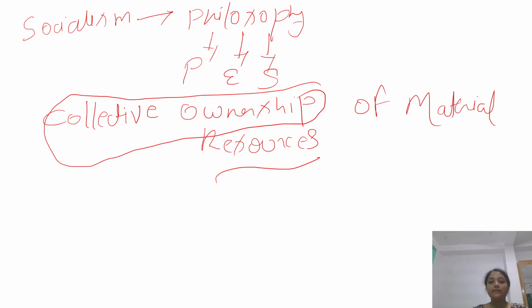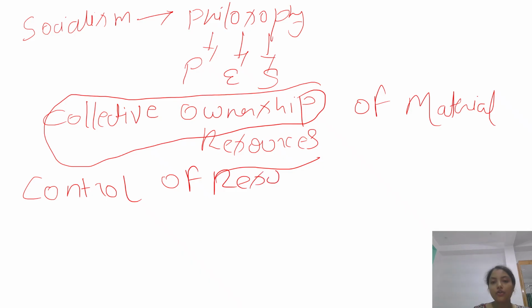So, socialism is a principle or philosophy which says that resources such as industry, transportation, energy, and healthcare should be owned or regulated by the government, communities, or workers rather than entirely controlled by private individuals or corporations. The main idea is the control of resources.